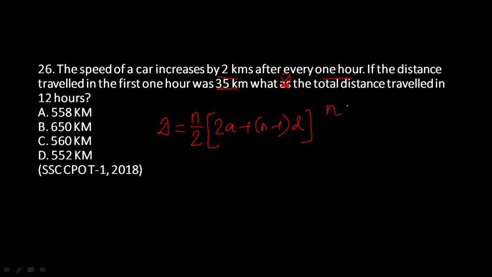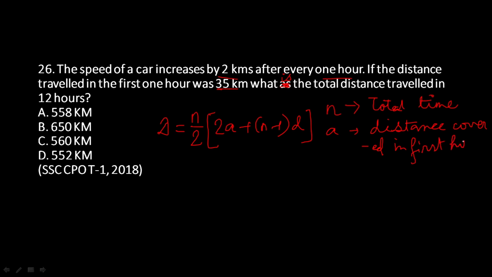Here n is the total time, a is the distance covered in first hour, and d means the increasing speed. Sometimes it gives decreasing speed, then it would be decreasing speed.